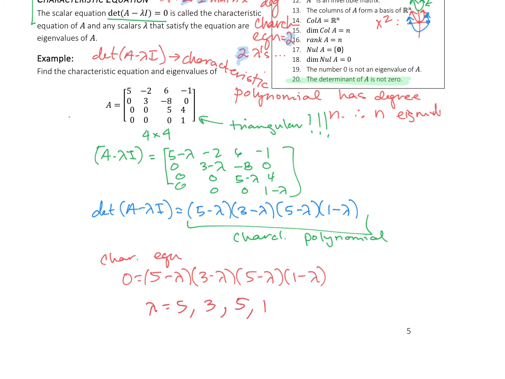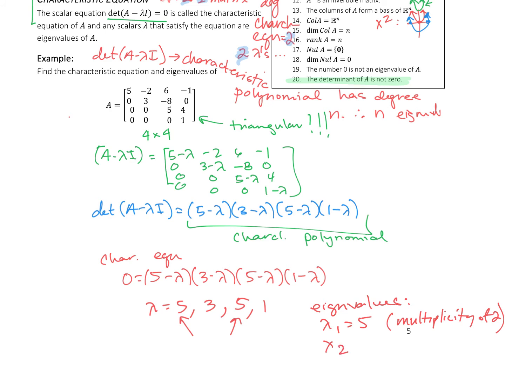All right, so there's my 4 values. Now this tells us that I have the same value twice. So my eigenvalues are lambda 1 would be 5, and it's got a multiplicity of 2.